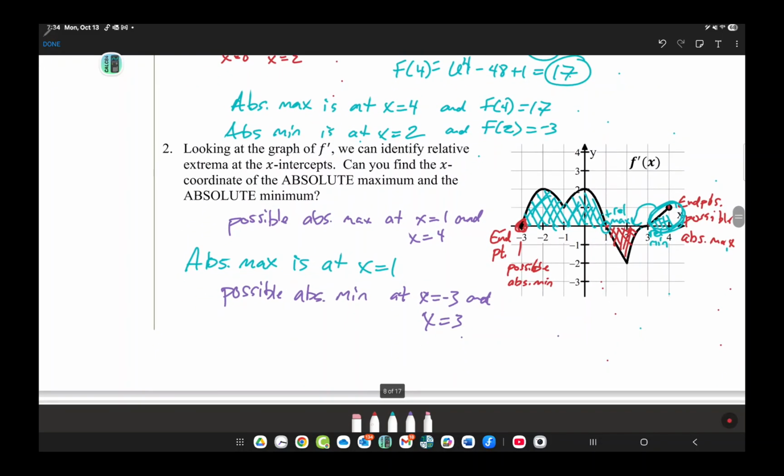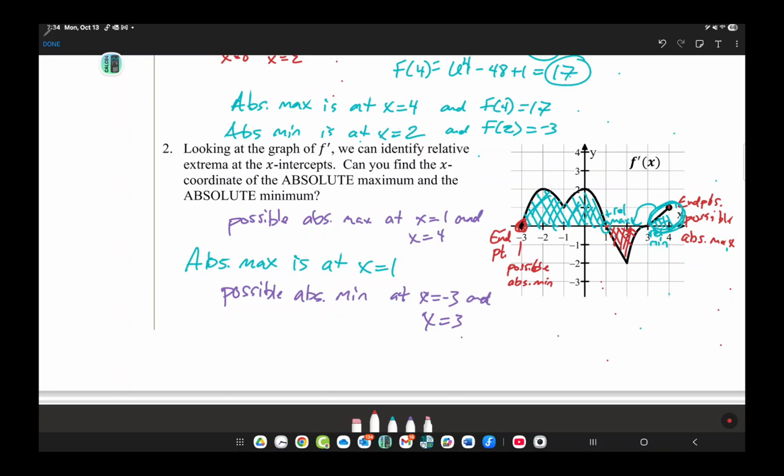So here, which one do you think is going to be your absolute minimum value? Just looking at the positive and negative area, we want to have at least another area here. So which value is going to get the lowest point after all the area is considered?